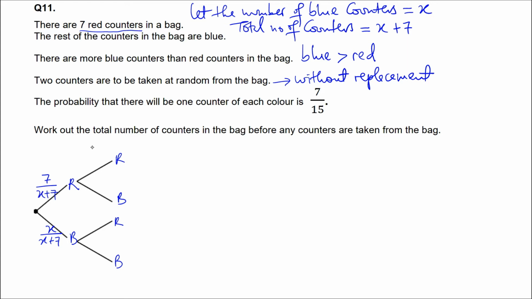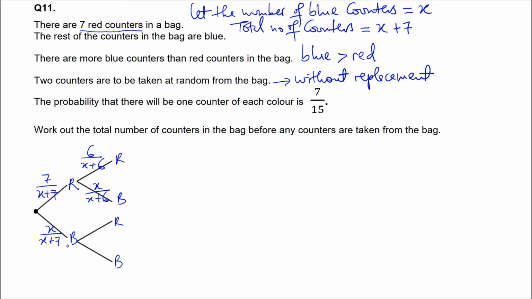So it will be 6 over x plus 6. And if the first one was red, the number of blue will still be x, so x over x plus 6.